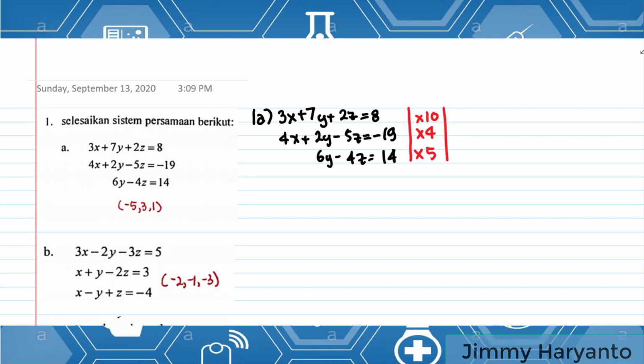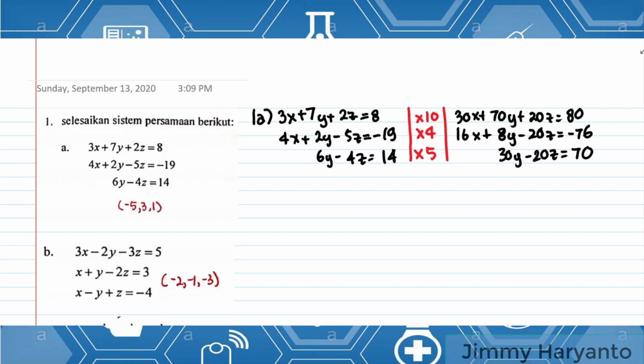Then 30x plus 70y plus 20z equals 80, and 16x plus 8y negative 20z equals negative 76, and 30y minus 20z equals 70.